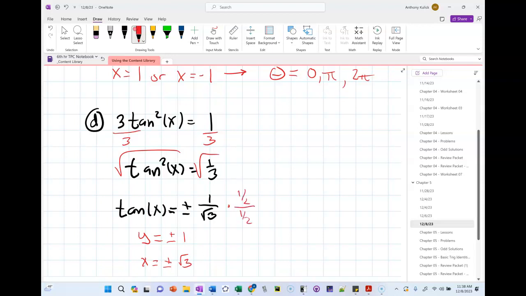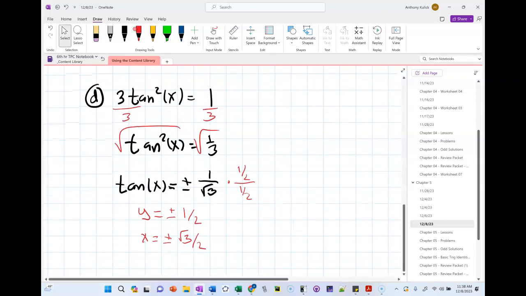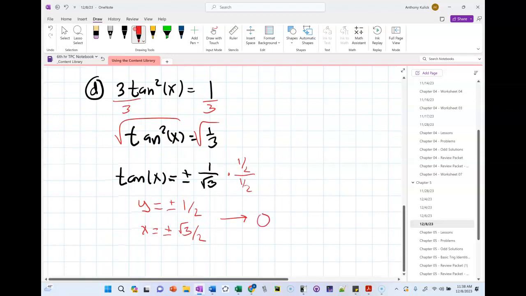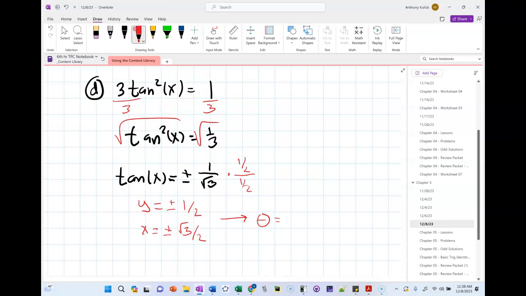So we can do something like that. And now that's something I can find on my unit circle, right? So how many answers should I be getting here? 4. So positive x, positive y, positive x, negative y, negative x, positive y, negative x, negative y. So 4 answers, right? What are those 4? Where x is plus or minus root 3/2 and y is plus or minus 1/2.